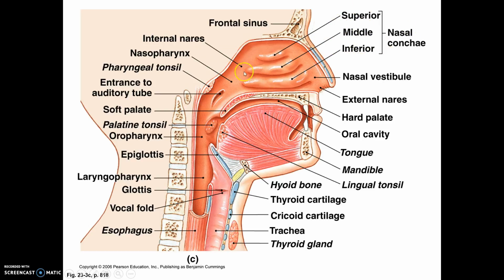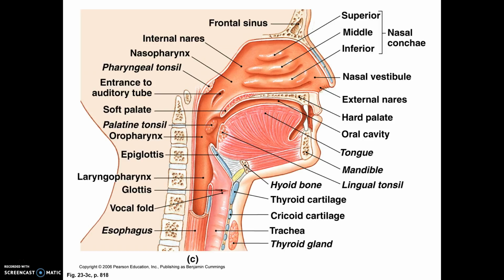By the time the air enters and gets to the pharynx region, the throat region, particularly this upper area called the nasopharynx, the swirling and the movement through these areas has given it a chance to do two things: to warm up and to moisten the air, because for the air that goes down to the lungs, warm, moist air is much healthier and easier on the lungs than cold, dry air.